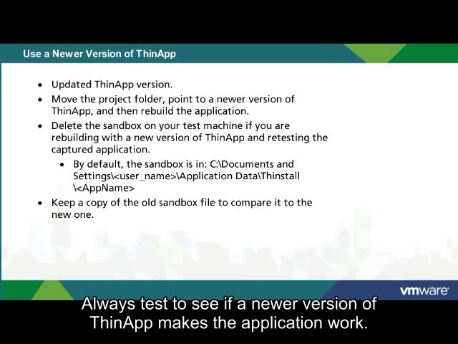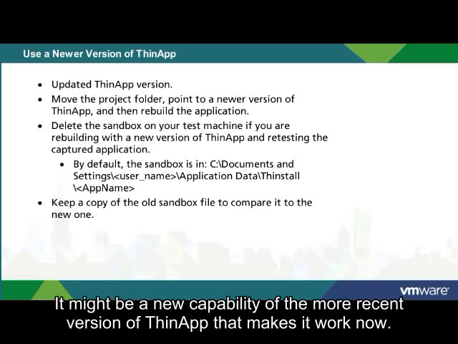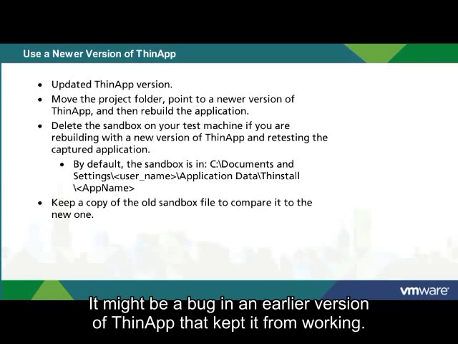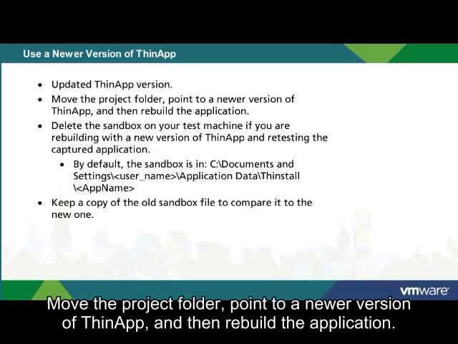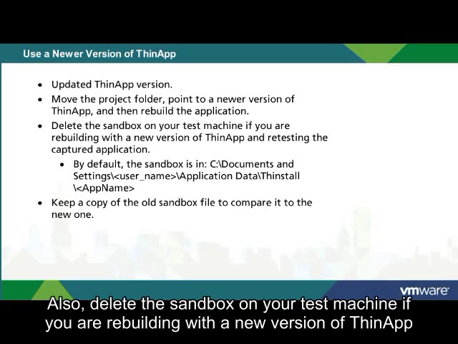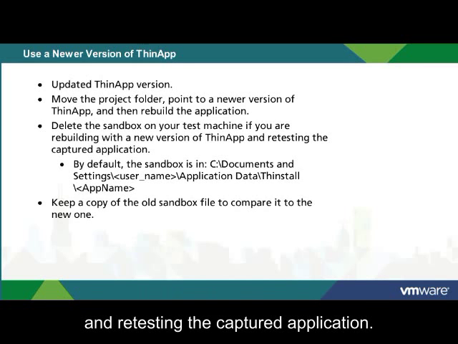Always test to see if a newer version of ThinApp makes the application work. It might be a new capability of the more recent version of ThinApp that makes it work now. It might be a bug in an earlier version of ThinApp that kept it from working. Move the project folder, point to a newer version of ThinApp, and then rebuild the application. Also, delete the sandbox on your test machine if you are rebuilding with a new version of ThinApp and retesting the captured application.